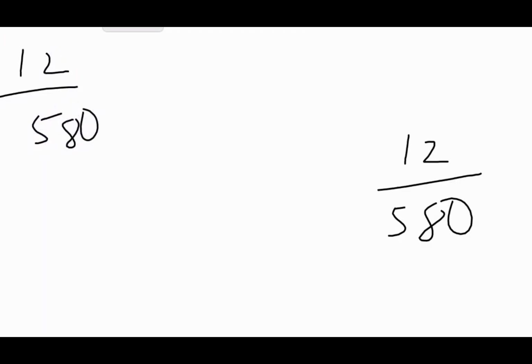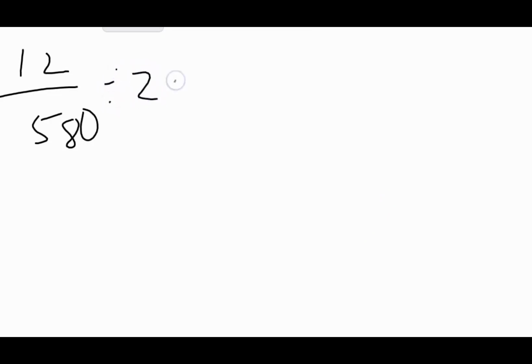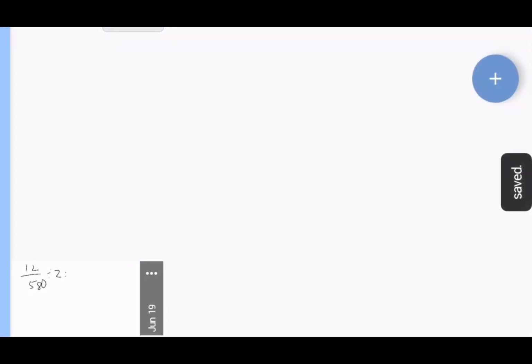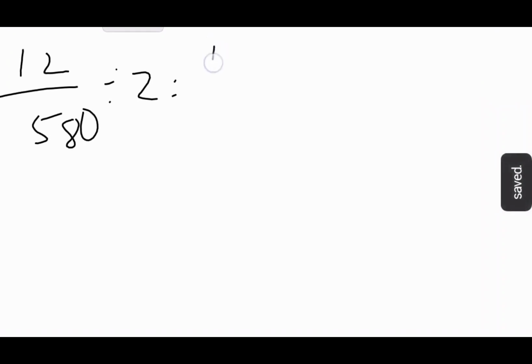So, i-try na nato og 2. Kay dako man ang 580. Divide na nato 2. That's 6 over 290. Pwede pa jud, divide na pod nato ang 2.